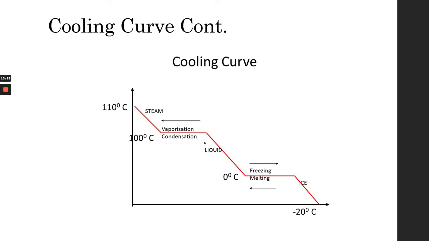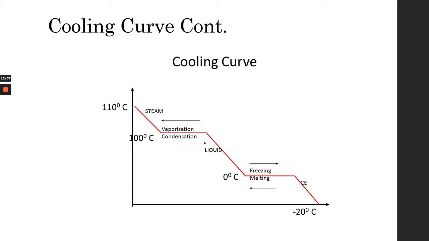Okay, so as you can see, the drawing is basically the same as the heating curve, only the direction is going down instead of up. This is because the temperature is decreasing.